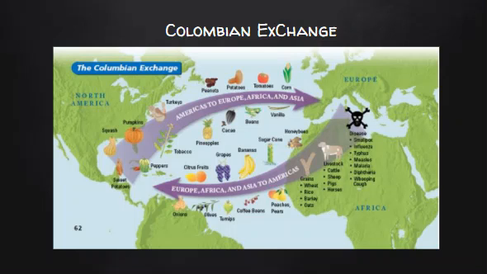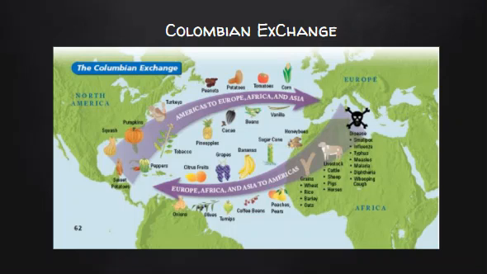And in return for those slaves, you get American materials. I keep saying America, I should say New World materials that are sent to Africa and Europe in exchange. This exchange of goods and people and disease and resources between Europe, Africa, and America is going to be known as the Columbian Exchange, and it's named after Christopher Columbus himself.